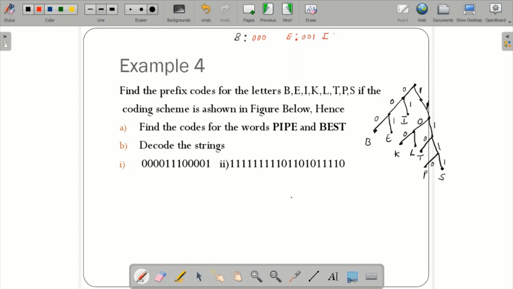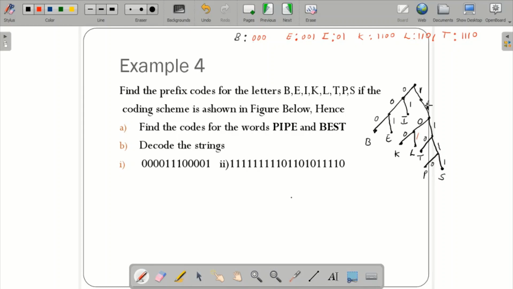For I it is 01, and for K it is 1100. For L it is 1101, with a right branch, and for T it is 3 ones followed by a zero, 1110.